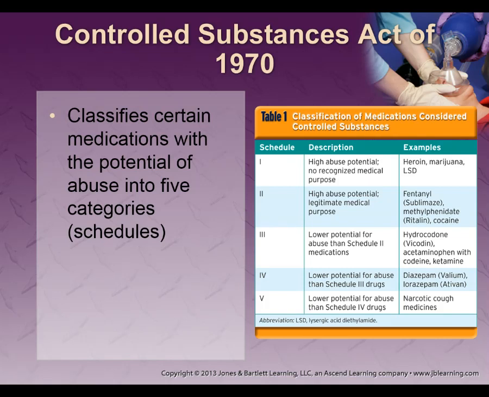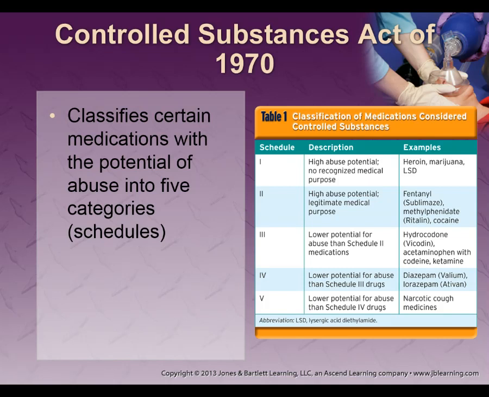Schedule 4 drugs are things like Valium, Ativan, Xanax. They have a much lower potential, but they still have to be monitored. They still have to go with an ink prescription. A Schedule 5 drug can actually just be sent as an electronic script without a fax.